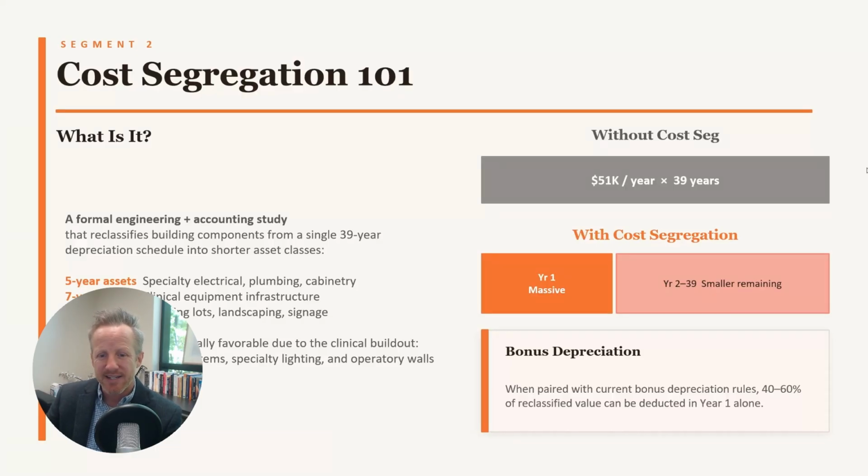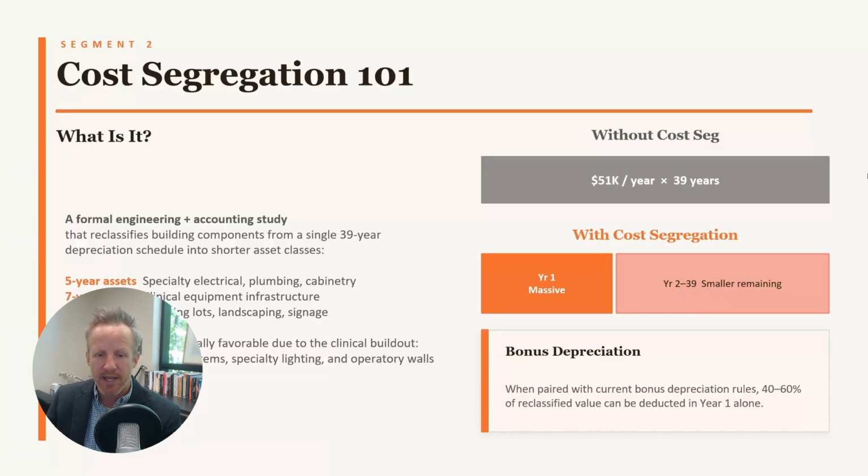Now with the cost segregation analysis though, instead of that 51,000 deduction in year 1, you can get a massive deduction in year 1. But what happens is in years 2 through 39, you're getting less tax deduction from depreciation because you accelerated or front-loaded a lot of those years 2 through 39 into the first year.